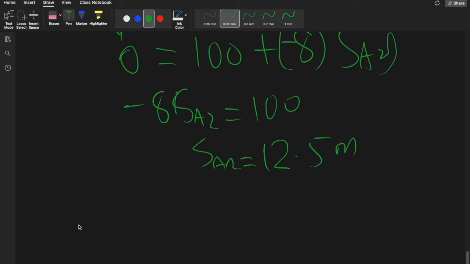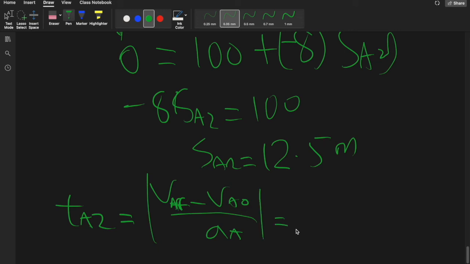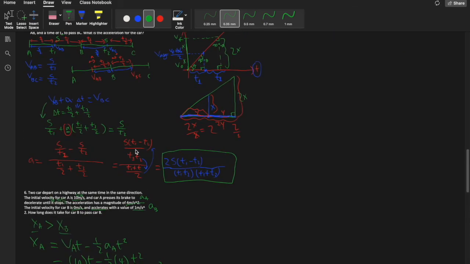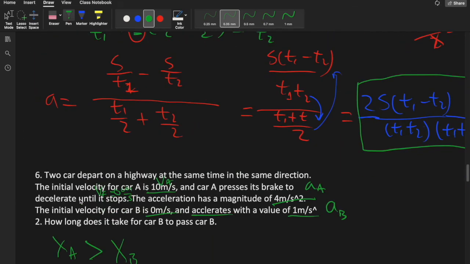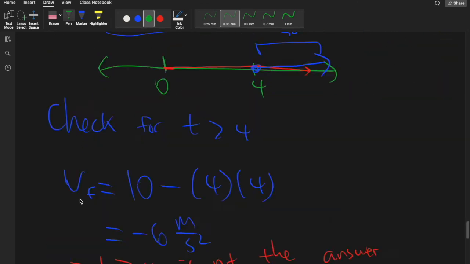Then we can calculate the time. So t_A2 is equal to Vf minus V initial, and take the absolute value, over 4, I think. What is the initial velocity? Initial velocity is 10 meters per second.